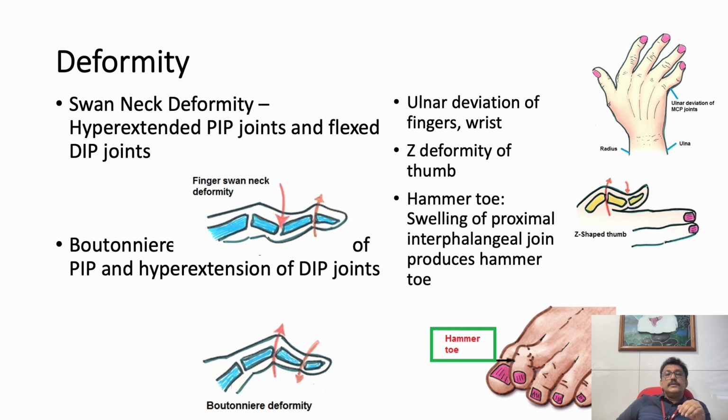Ulnar deviation of the wrist and fingers. Z deformity of the thumb, and hammer toe deformity in the lower limbs. So these are the common deformities: swan-neck, boutonniere, ulnar deviation, Z deformity, and hammer toe. These are commonly seen deformities in many types of arthritis, including rheumatoid arthritis.